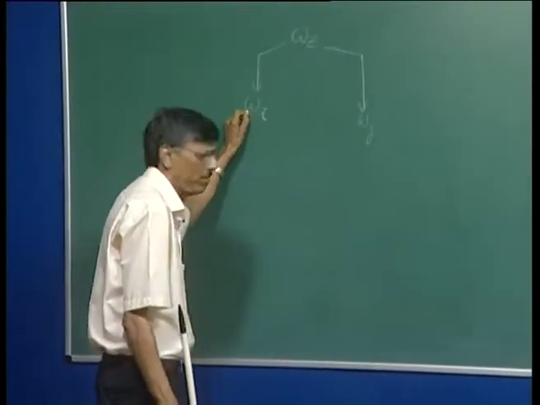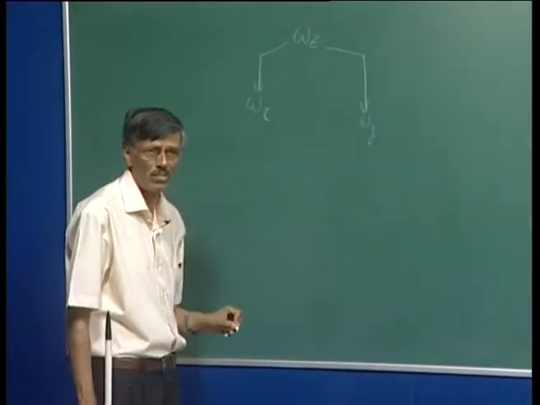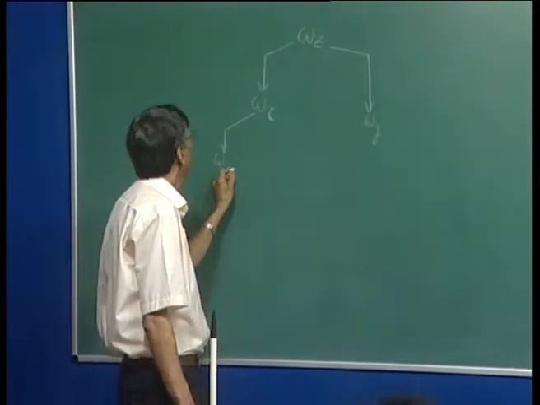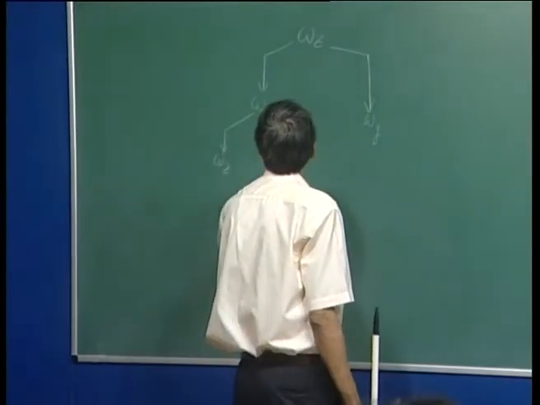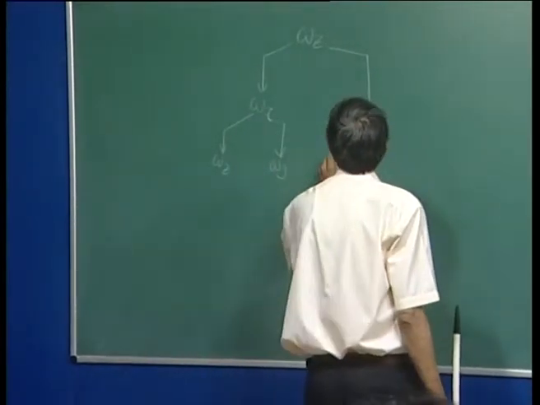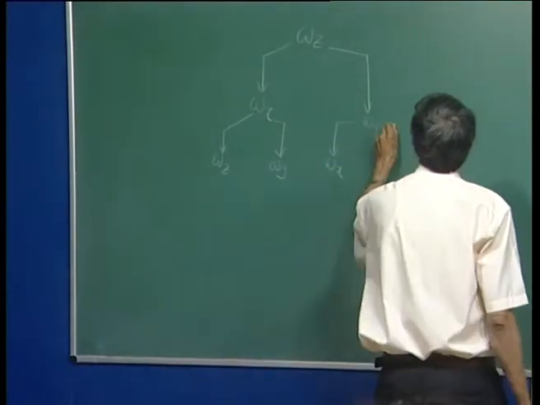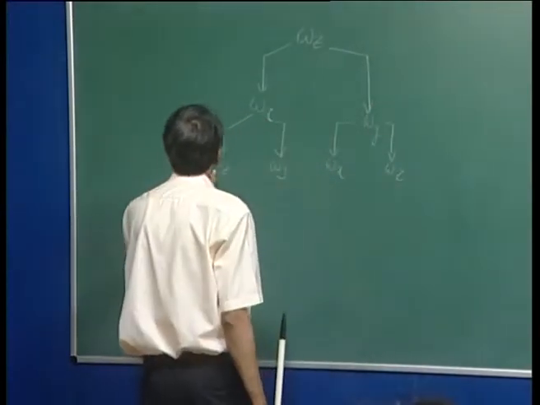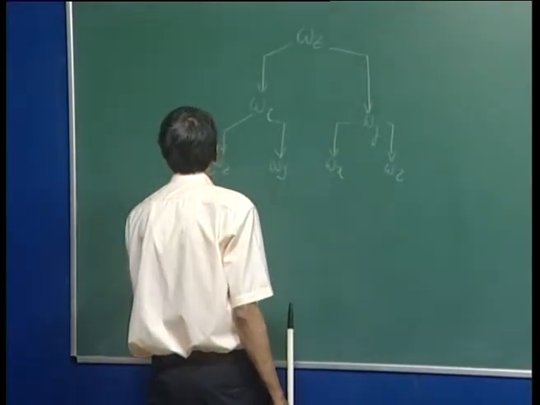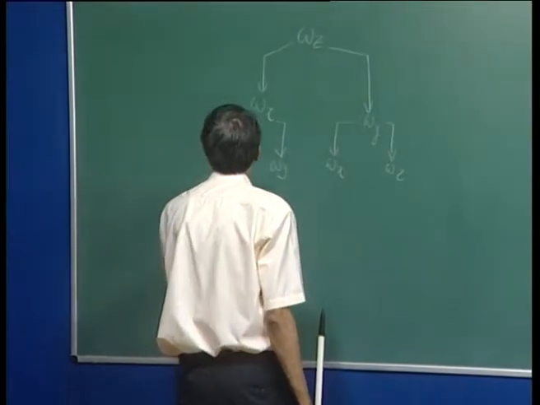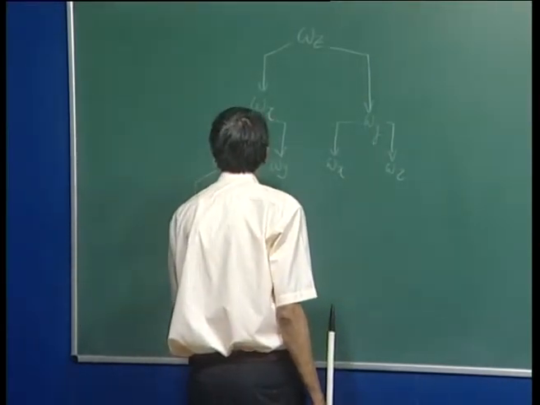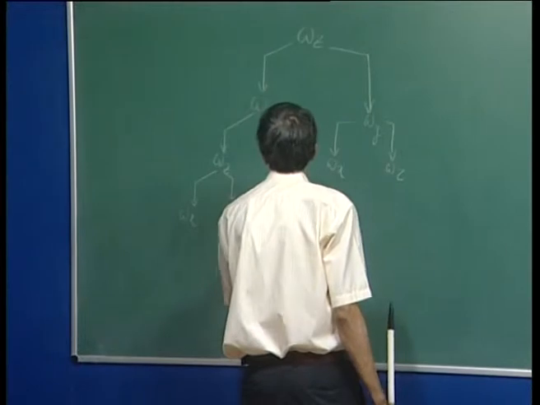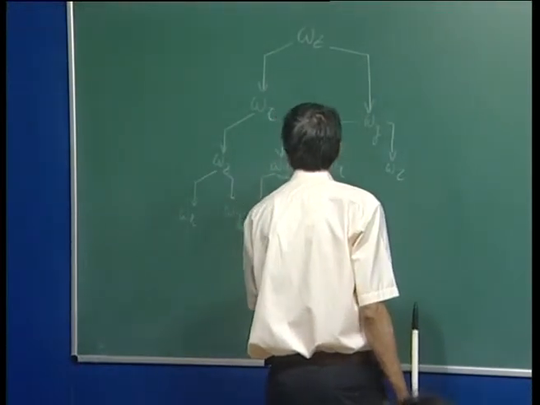If I now have these elements omega x and omega y change, that can bring change in omega z and omega y, and in the same way this will bring change in omega x and omega z. Then if we go one generation down, this omega z will affect omega x and omega y, and this will bring change in omega x and omega z.